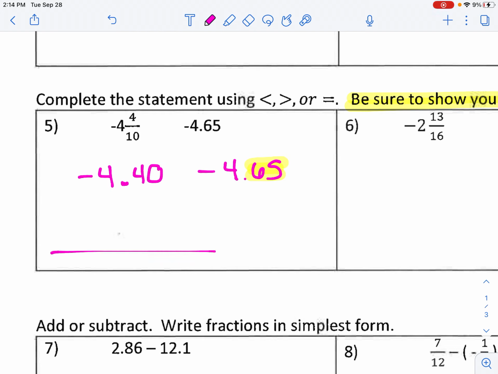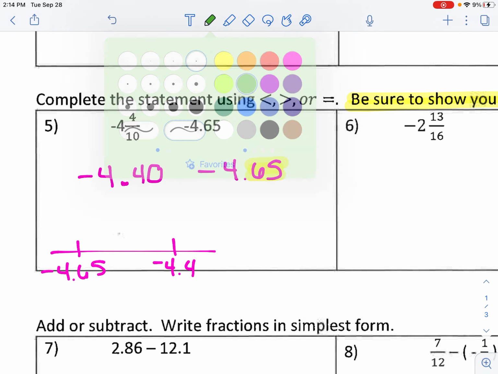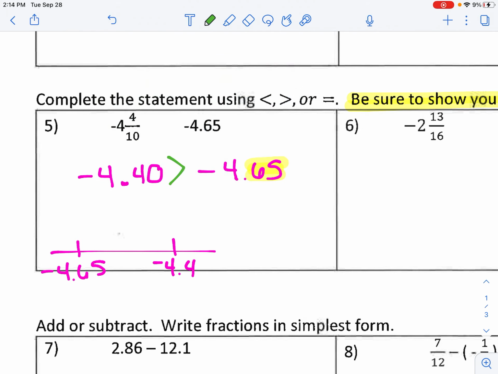So if you're thinking on a number line, -4 4/10 would be here. -4 65/100 would be to the left. Left is less. So your answer would be -4 4/10 is greater than -4 65/100.